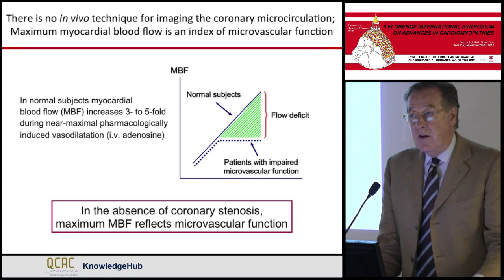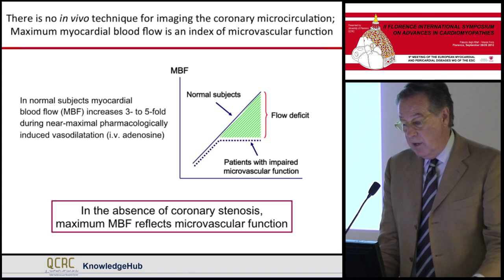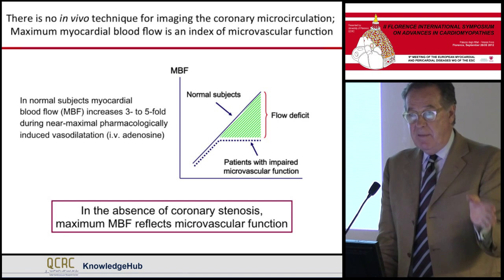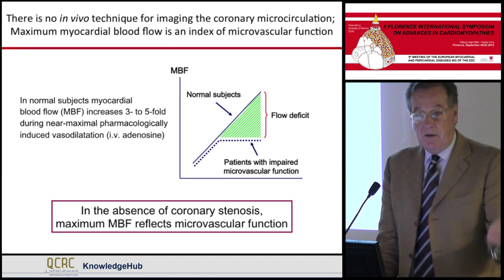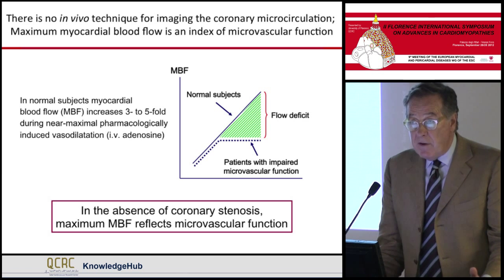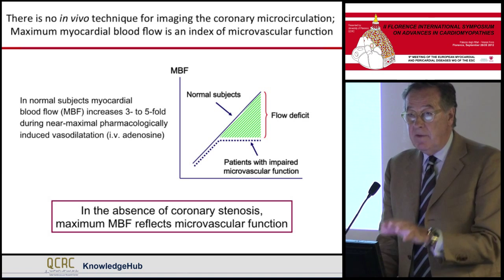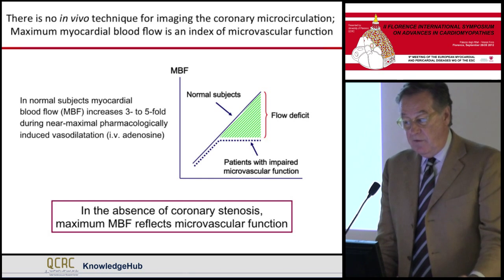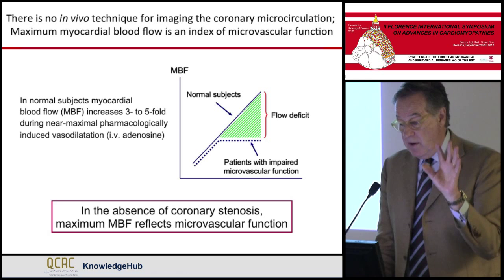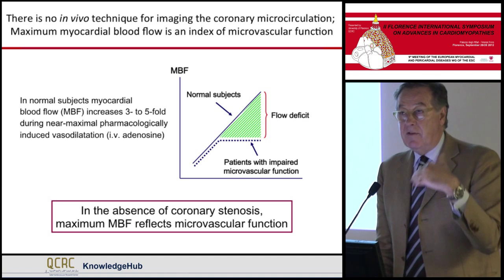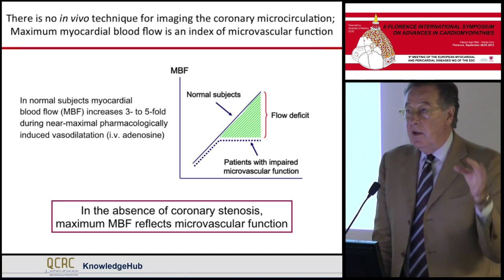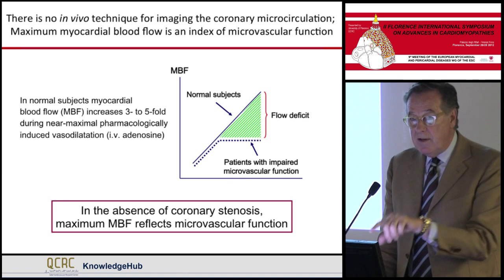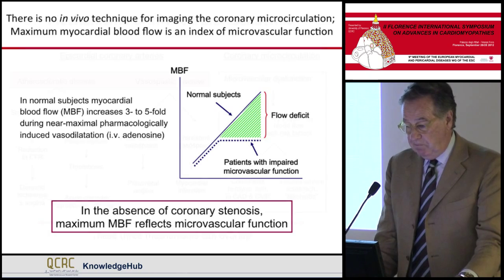If you have a coronary stenosis, you increase work, increase flow up to a point, and then your flow reserve is limited by the stenosis, and you plateau and you develop ischemia. However, you can have the same thing in the absence of a stenosis, and we assume that if you measure flow and you see that you cannot increase it above a certain limit, this is the demonstration of microvascular dysfunction. And later on, I will prove to you that my assumption is right.